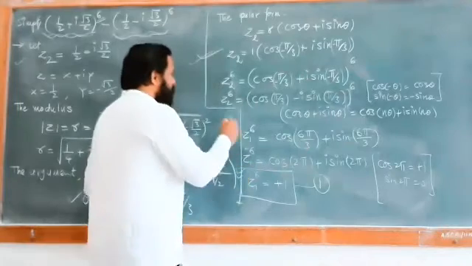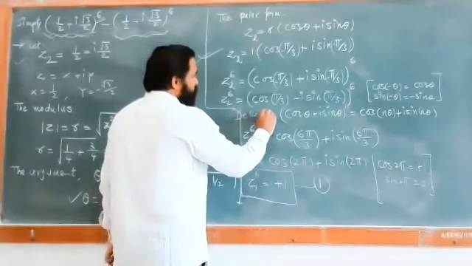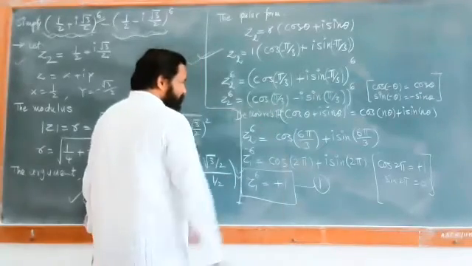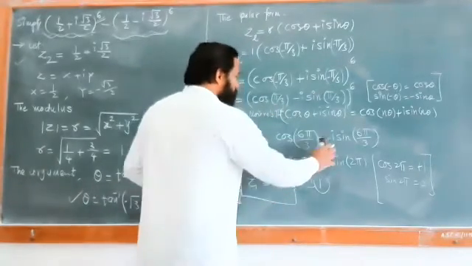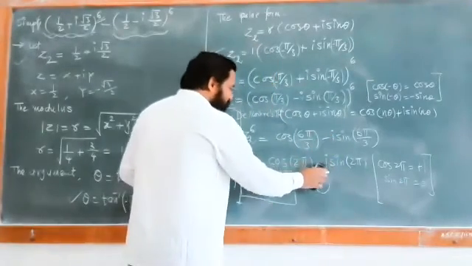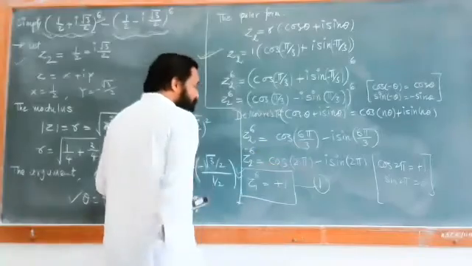raised to 6. And now by using de Moivre's theorem, that is z2 raised to 6 is equal to cos 6 pi by 3 minus i sin 6 pi by 3. So this is nothing but cos of 2 pi minus i sin 2 pi.